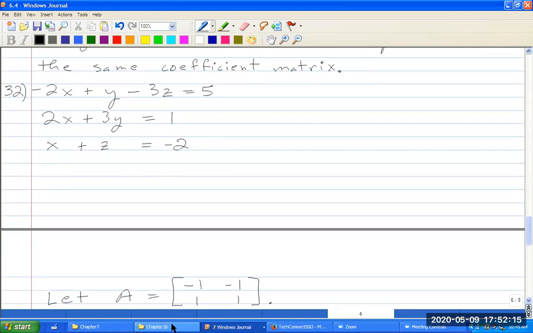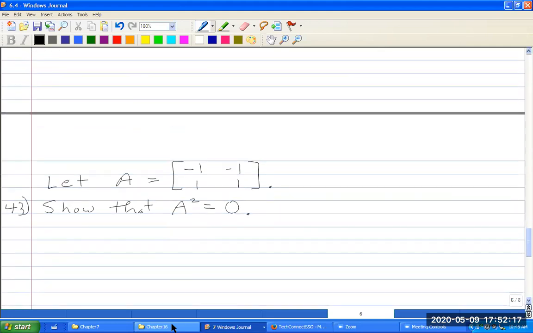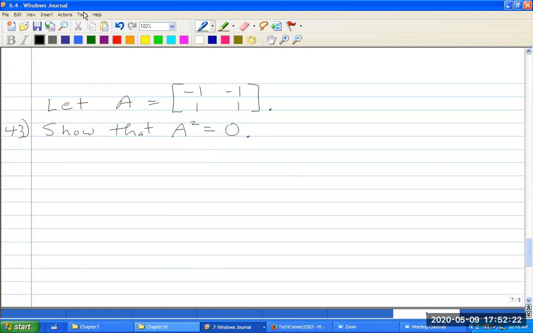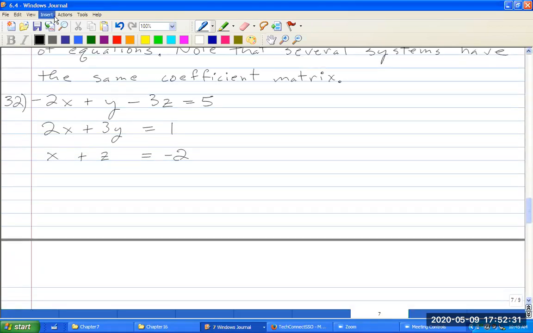Okay, so first off here, let me get another page. First off here, let me rewrite this, so interchange the first and third rows, so it looks nicer.